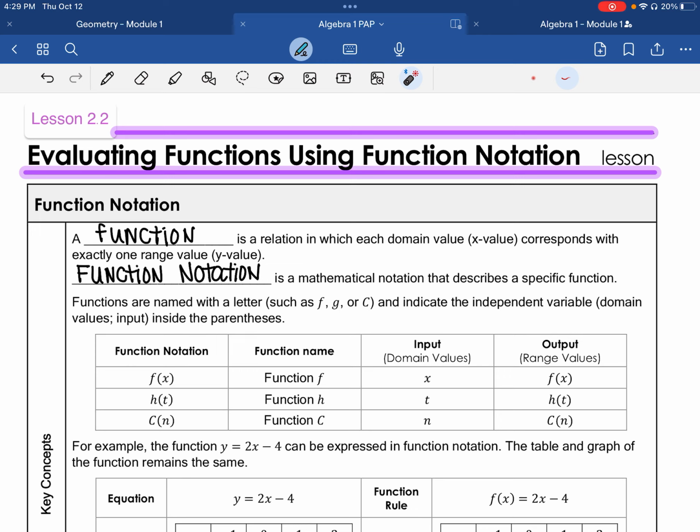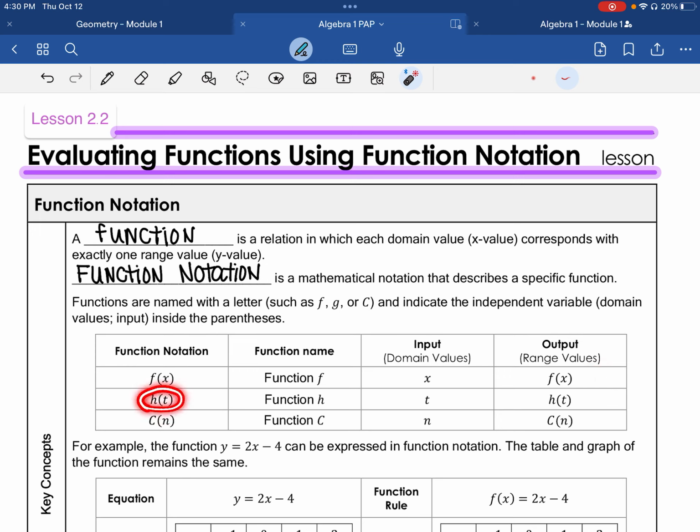So notice here in our function notation, which is read f of x, our function's name is f, and our input values, our domain, are x, just like they always have been. And our range values are simply changing from y to f of x, because f of x, the function notation, is just replacing our y value.